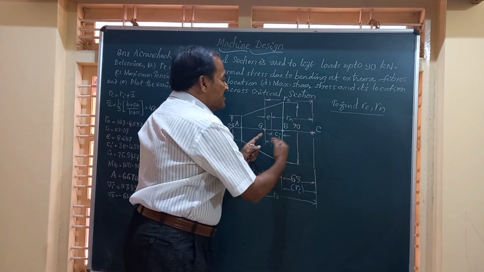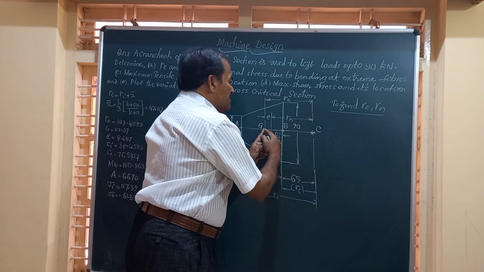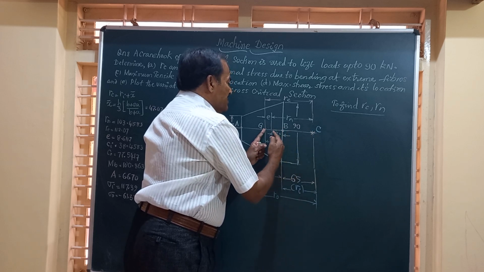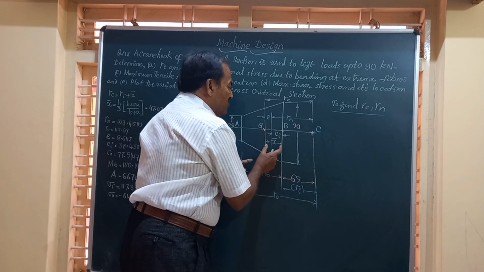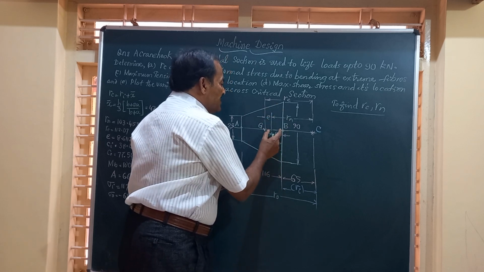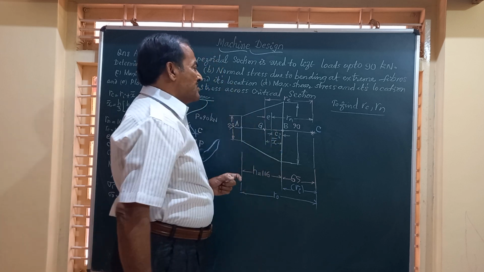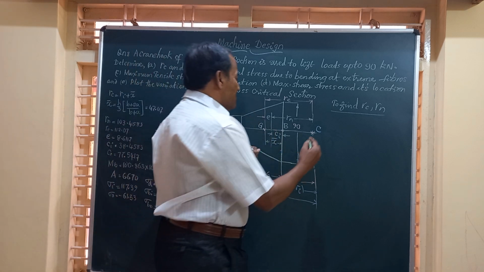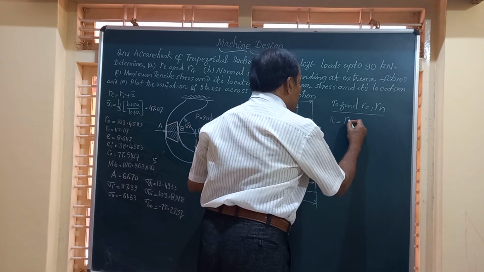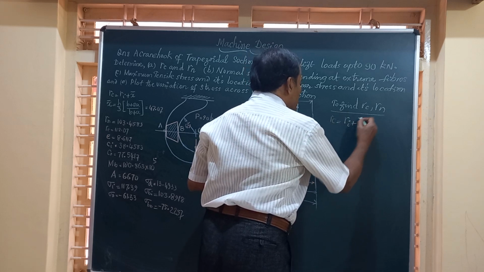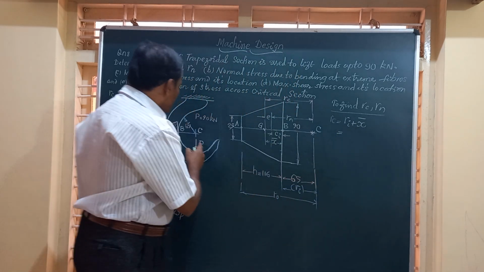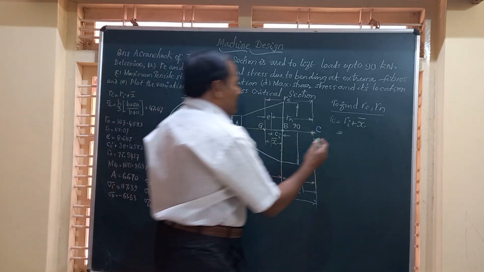So I have split this into two parts. RC is equal to Ri plus x bar. X bar is the distance of CG of this from the inner fiber B. Ri is the inner fiber distance that is given here as 65 mm.